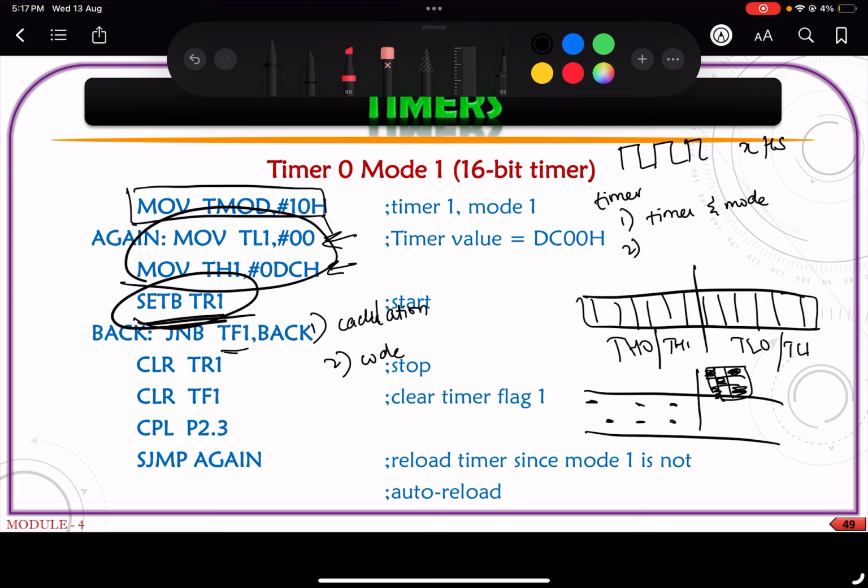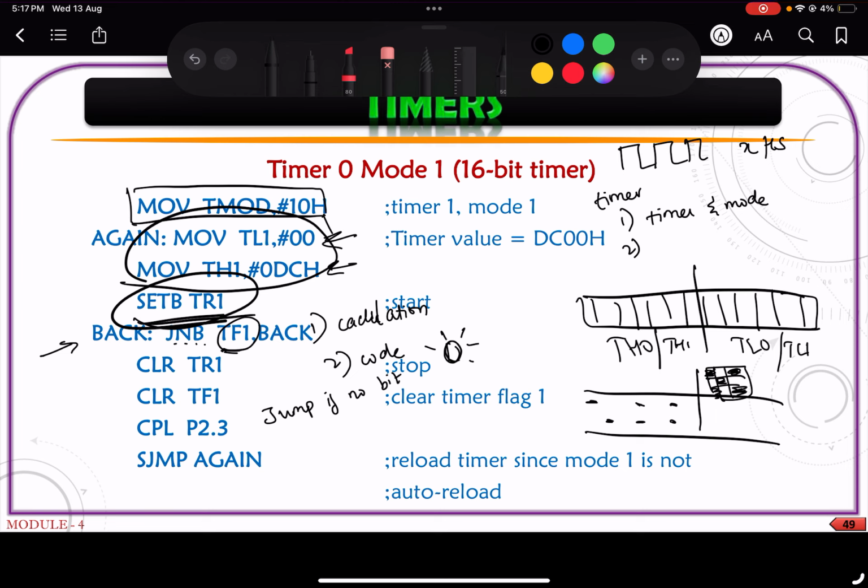So now I just need to look at my notification, which is my timer flag. How do you poll, or continuously look at that? Well, you use this instruction, JNB, which stands for jump if no bit. I am going to continuously look at this notification light of mine till it starts glowing.